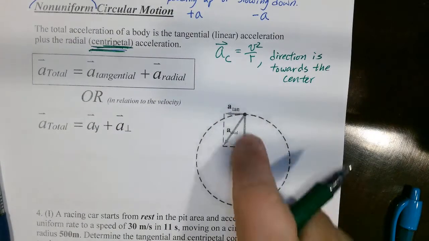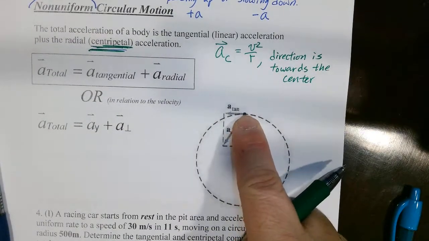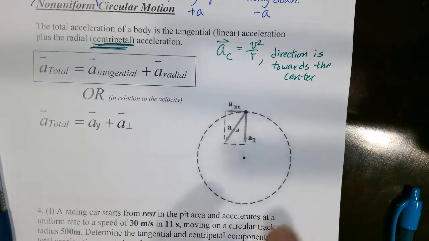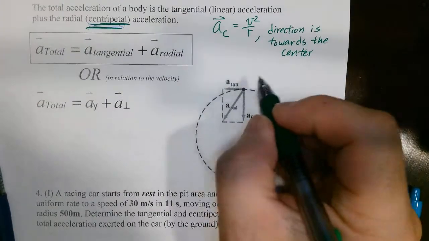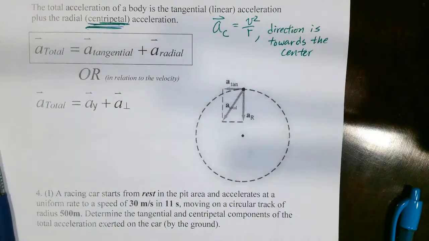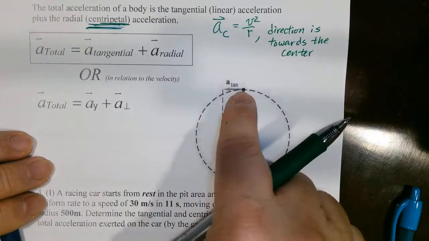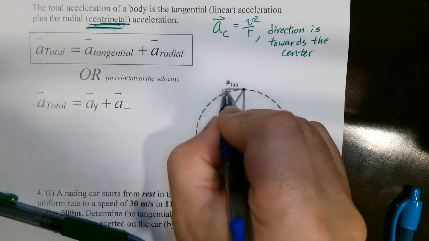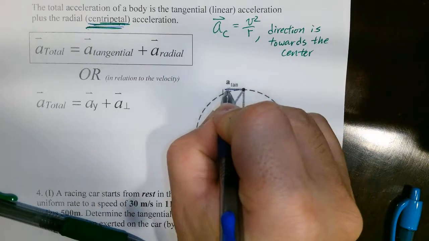So if this thing is going around on a flat table and we're looking at it from a bird's eye view, and it's at the top of the circle right here, it has tangential acceleration, which is this, and let's say it's going faster and faster.